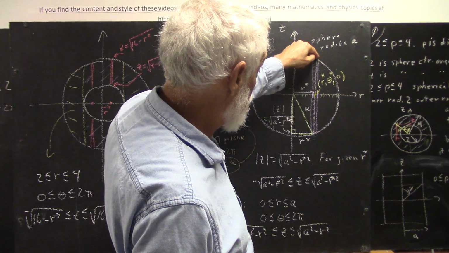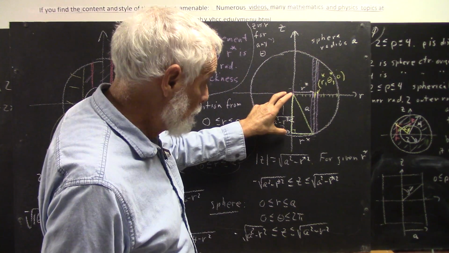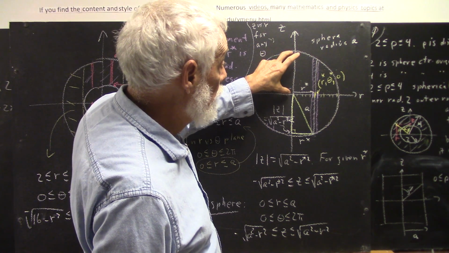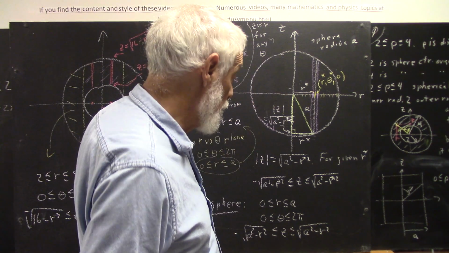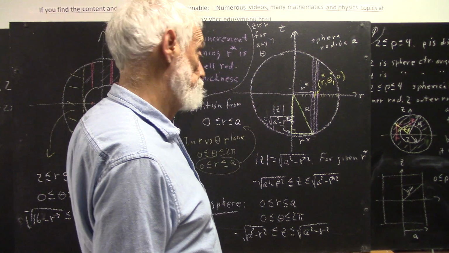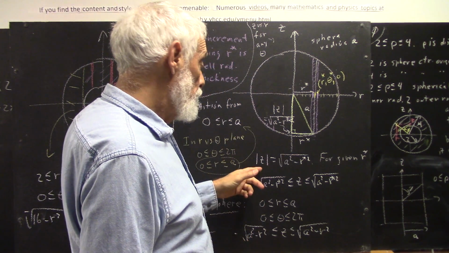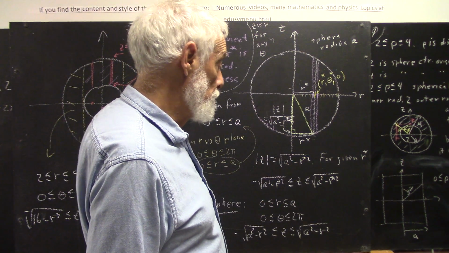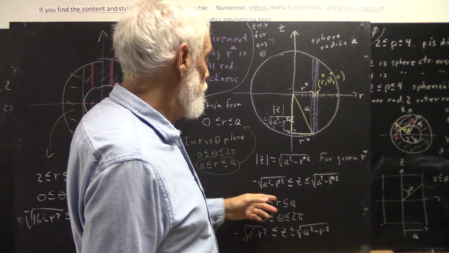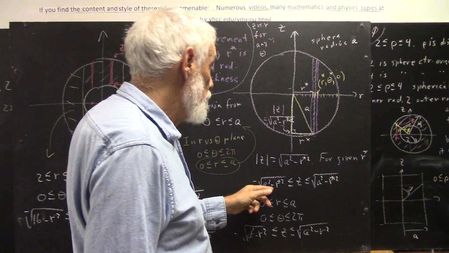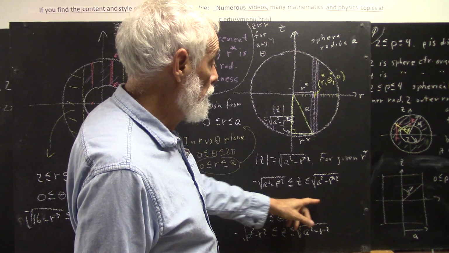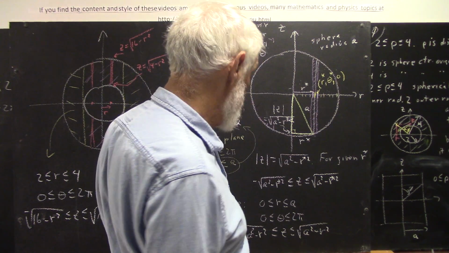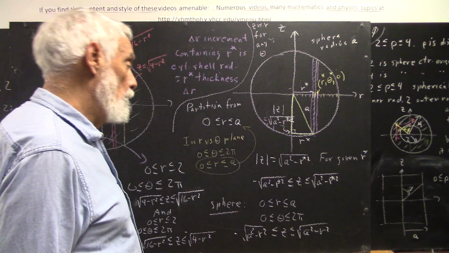At either point, the magnitude of z is going to be the square root of a squared minus r star squared, so z could be as low as negative that and as high as positive that.